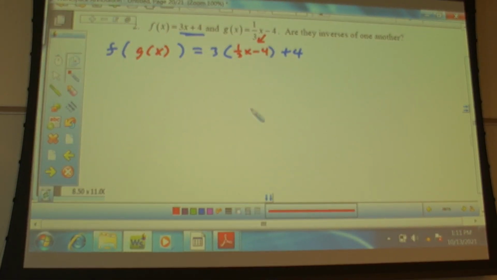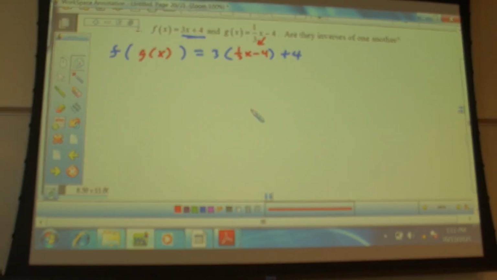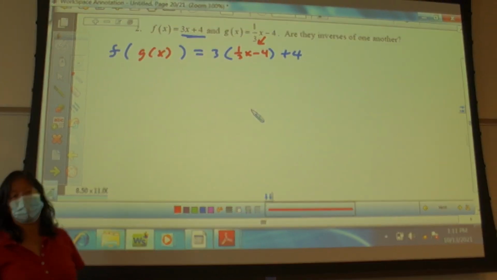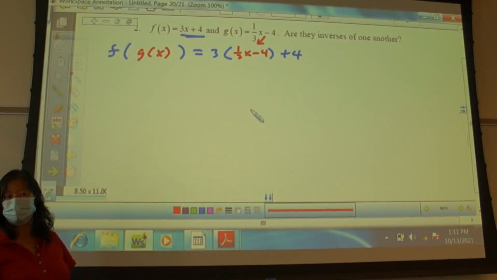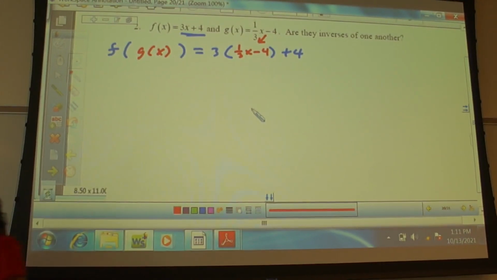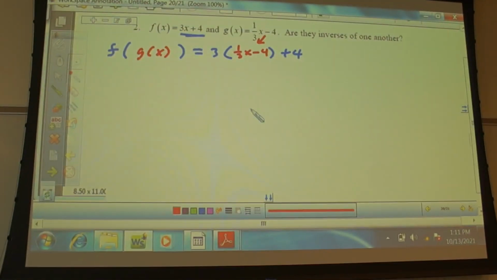What's g of x? 1/3 x minus 4. And don't forget, g of x should go inside of it. I'm skipping a step in there. You guys okay if I skip that step and just go straight to that instead? If you really want, you can do this instead if you like.